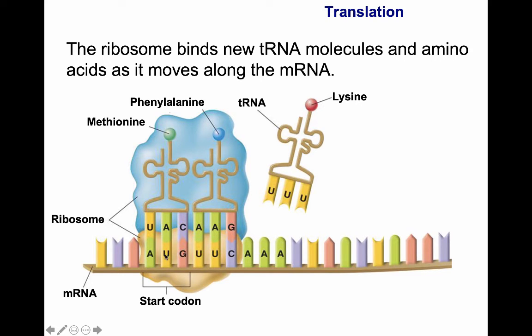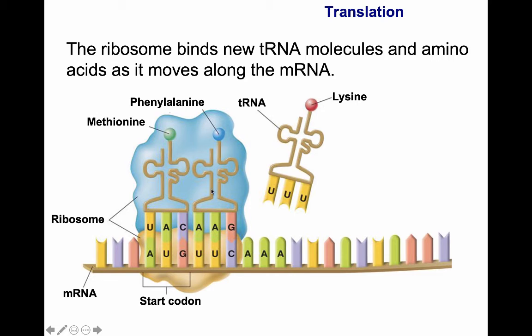So everywhere there is an AUG on a sequence of messenger RNA, this transfer RNA would show up with a methionine in tow. Likewise, every place there is a UUC on the messenger RNA, the transfer RNA with the complementary anticodon AAG would show up and bind to this spot.